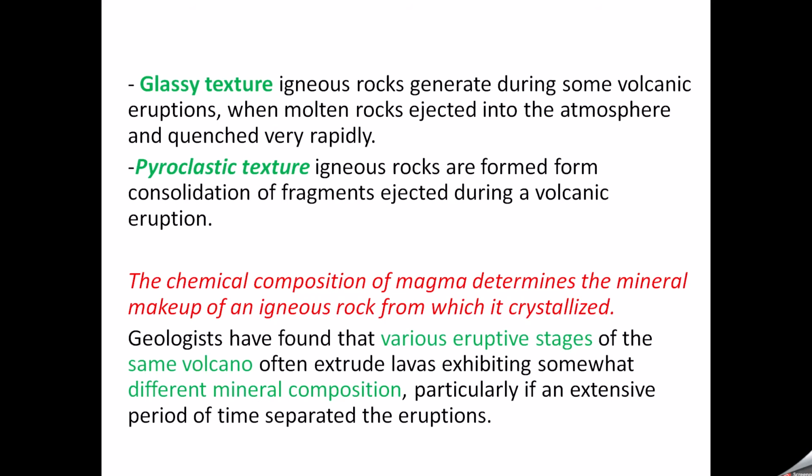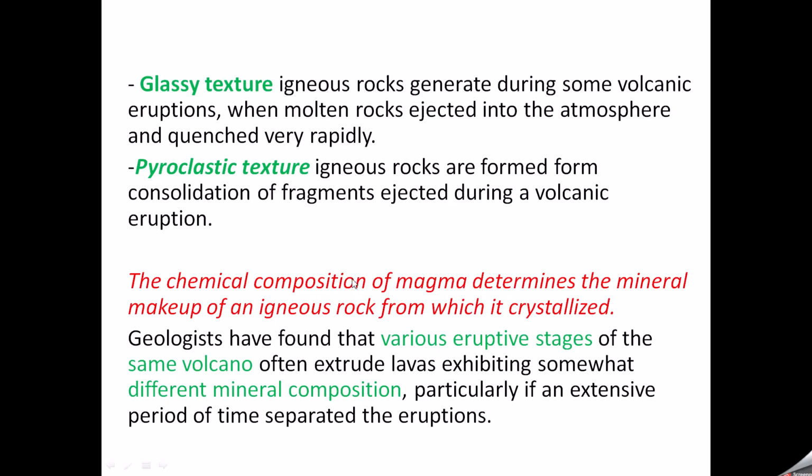To have a glassy texture, you have to have a very rapid rate of cooling. Now, pyroclastic texture: igneous rocks formed from consolidation of fragments ejected during volcanic eruption. So when the fragments weld and consolidate together, they form pyroclastic texture.